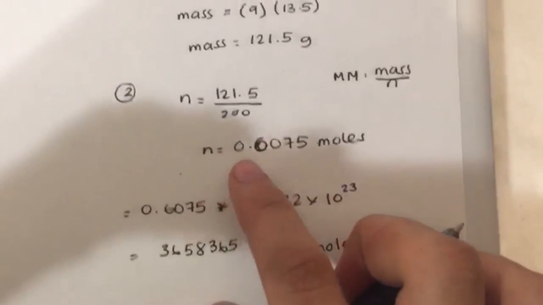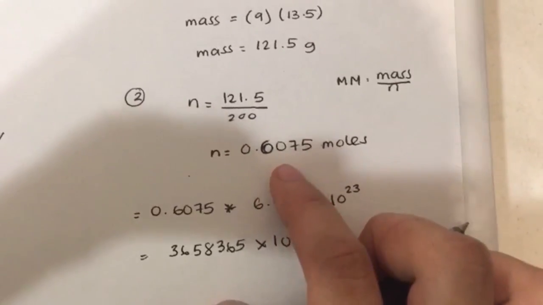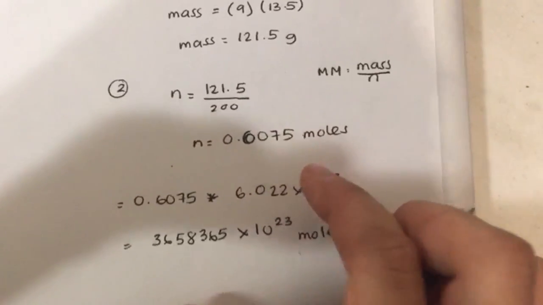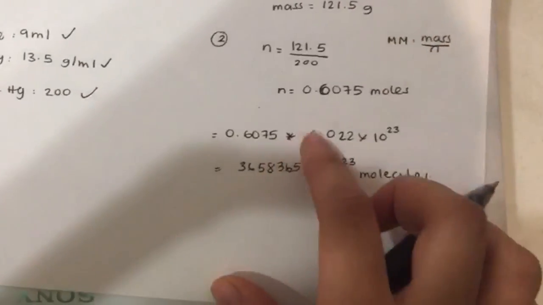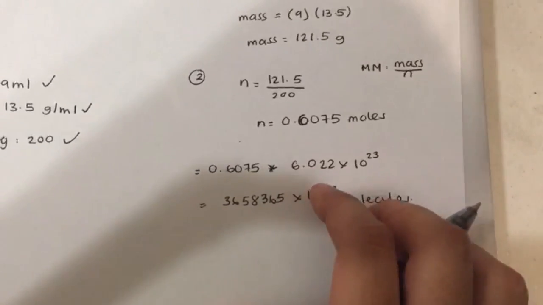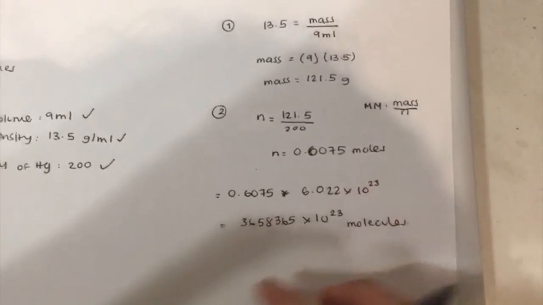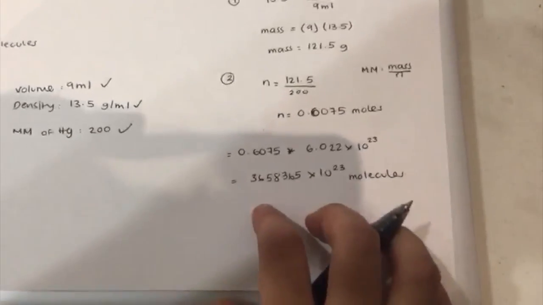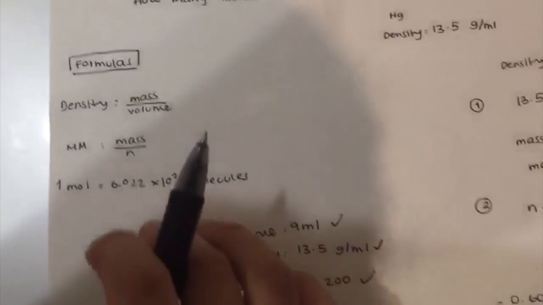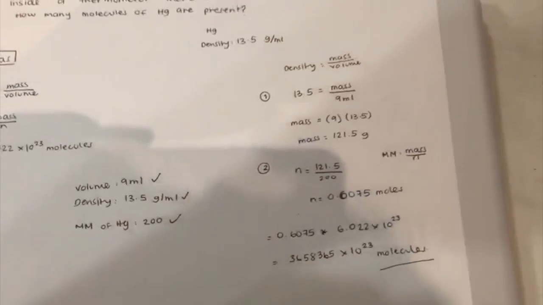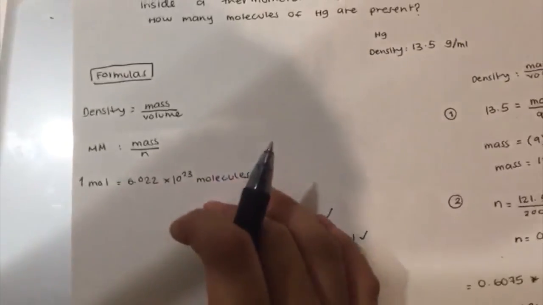Then we got 0.6075 moles. Then we multiply it by 6.022 times 10 to the power of 23, and it gives us this answer in molecules. Here are the operations, and here are the formulas we use for this problem.